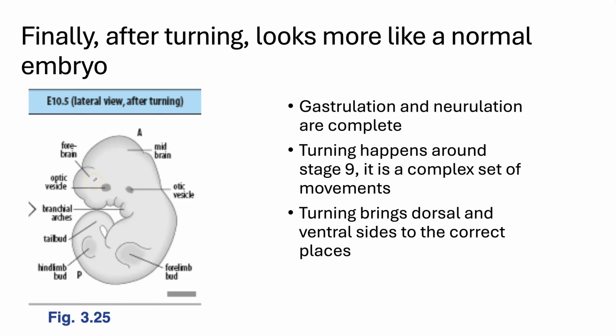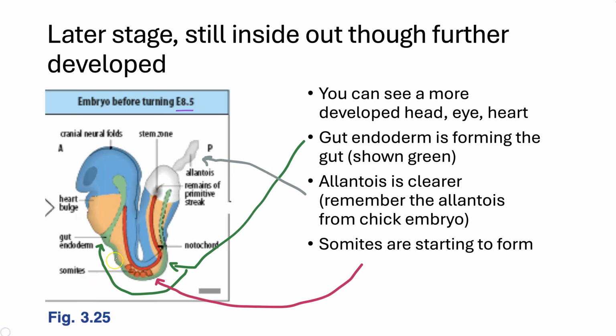By about stage 9, turning occurs, so that now the embryo is curled around. And now let's just look at this again. Just to point out, this is the dorsal part of the embryo, and this is the ventral. Anterior here and posterior there. So to rearrange it, this has to be on the outside, and the ventral has to be back versus belly. And that's what turning accomplishes.